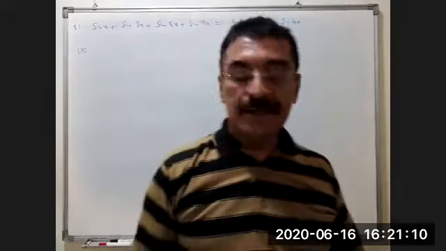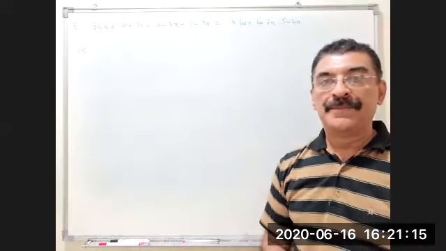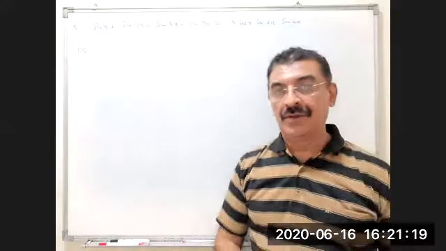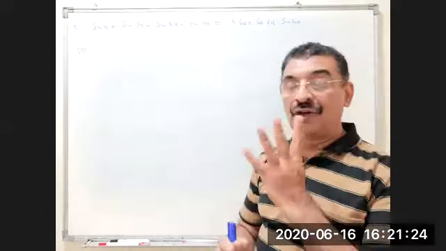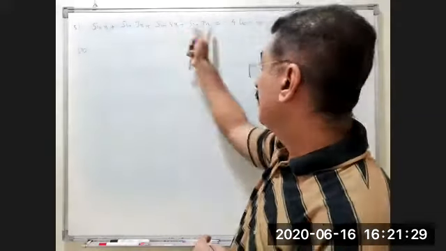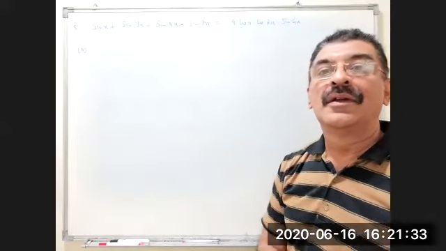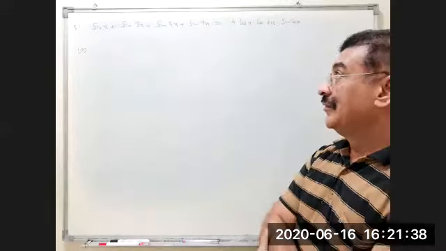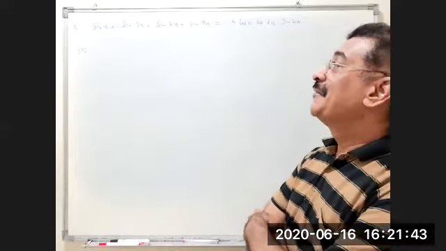See, in sin x, we have 4 terms. We need to group them. Which 2 terms shall we group? Seeing the question, just make it out. Out of 4 terms, is it x and 3x, or 3x and 5x, or 5x and 7x, or x and 5x?